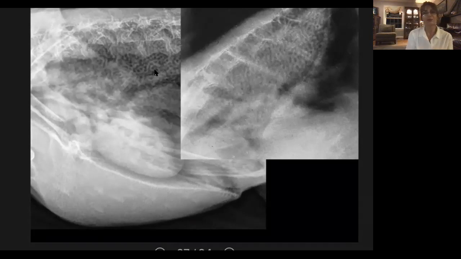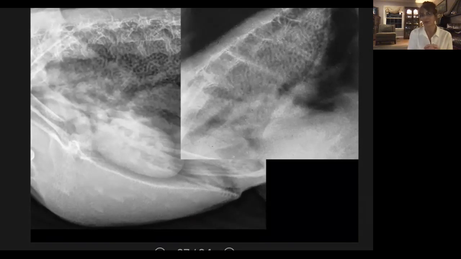And if it looks consistent, then it's probably either normal, or the other thing is that it can be pulmonary edema. So what I have inset right here is a bird that has pulmonary edema, and all the little honeycomb areas are pretty consistent, but they just look diffusely thickened, because with edema, all the lung fields uniformly are going to fill up with fluid.